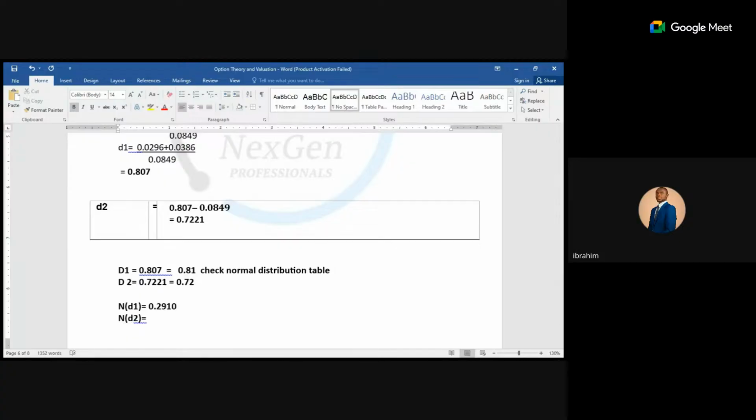So we will add 0.5. Please check, or confirm. 0.7 under 2, what do we have? 0.2642.